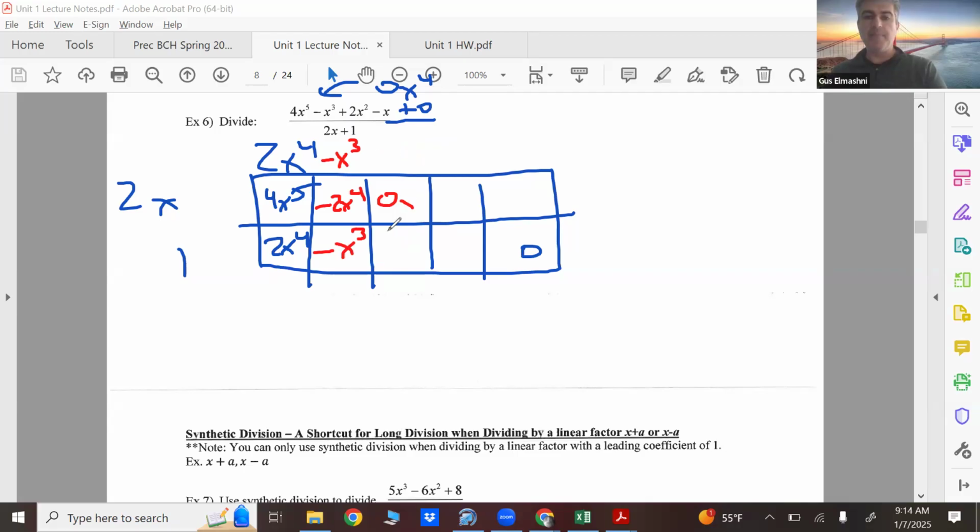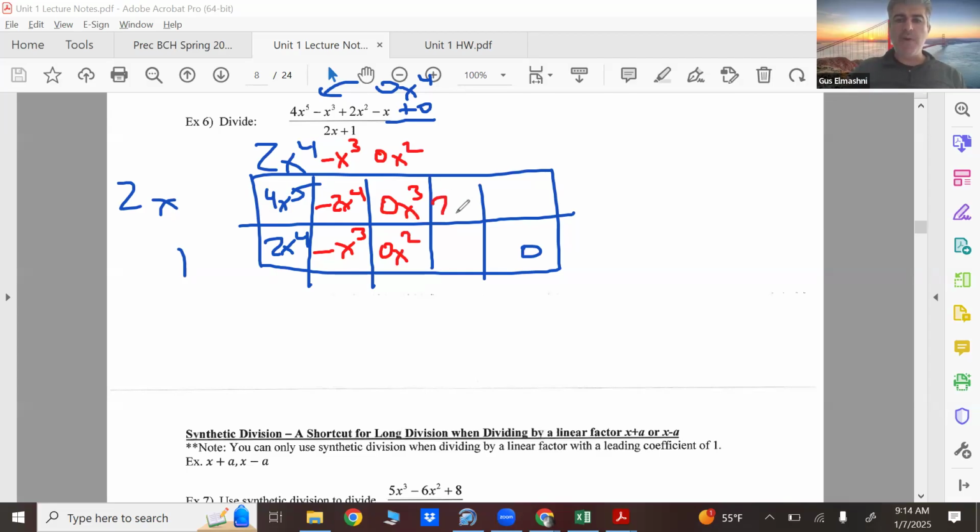Okay, let's back up. So I get negative x cubed. You guys see this, right? But we'll have your negative x cubed, so I don't want to add to this. You don't want to. You add, exactly. Here you're adding along the diagonals. So it becomes 0x squared.